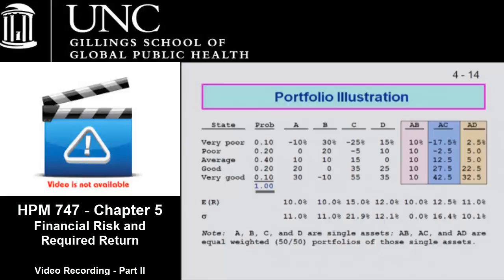Exactly. So AC, what's happening to the risk and the required rate of return? Return is increasing and the risk is increasing also. If you notice, AC, the expected rate of return is half of A and half of C, the 12.5%. And what do you notice about the sigma?